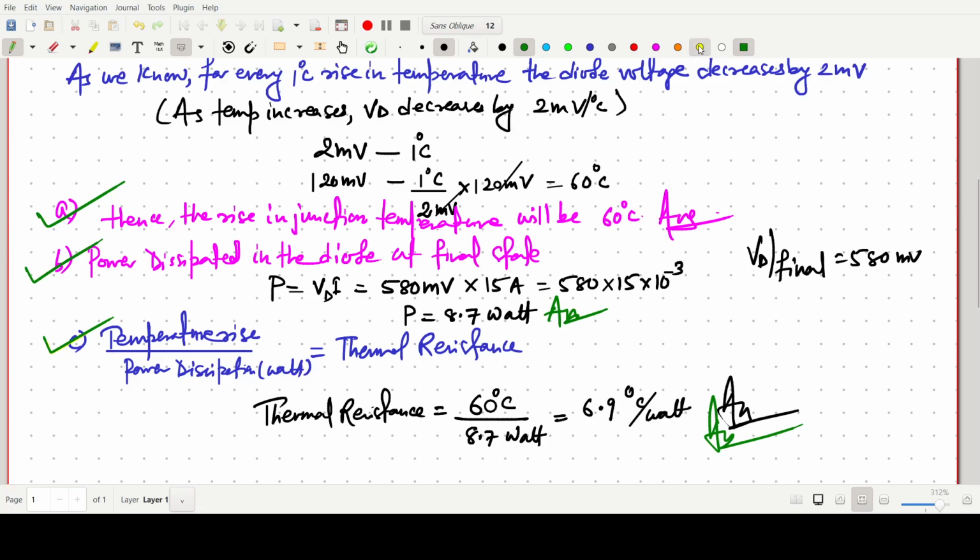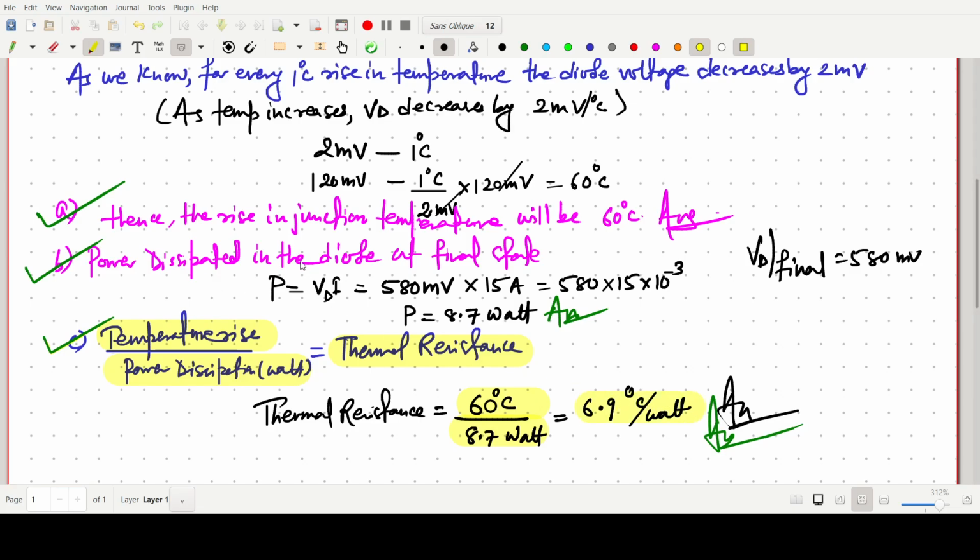Clear? So once again, what is this? Thermal resistance: temperature rise divided by power dissipation. We have the temperature rise, 60 degree, and the power dissipation at the final state. So 6.9.